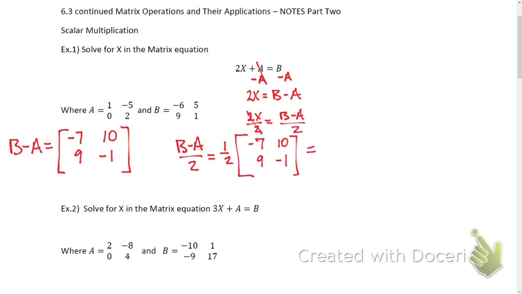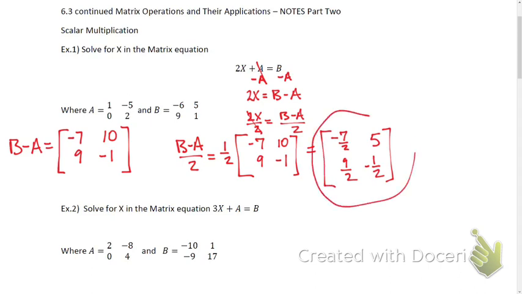So final answer would be negative 7 over 2, 9 over 2, 10 divided by 2 is 5, and negative 1 over 2. Technically, you're supposed to put these brackets around these matrices. I'm not very picky if you don't do it, but it organizes things.